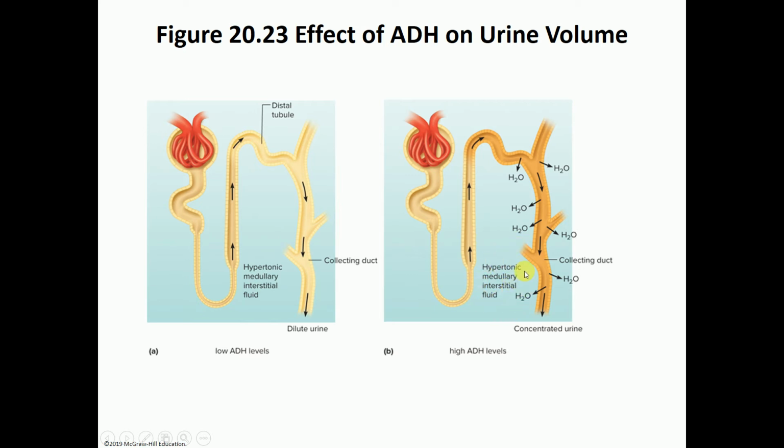So I want to take a moment here and talk about that. First off, what does it mean? The interstitial fluid in the medulla, remember the kidney was made of the cortex and the medulla, so this is the medulla we're talking about, is normally hypertonic. That hypertonicity of the medulla, the interstitial fluid in the medulla, helps with the process here of reabsorbing or pulling water out of the distal tubules and the collecting ducts in the presence of ADH.